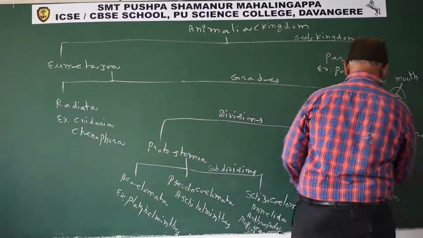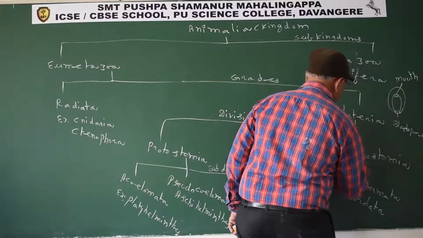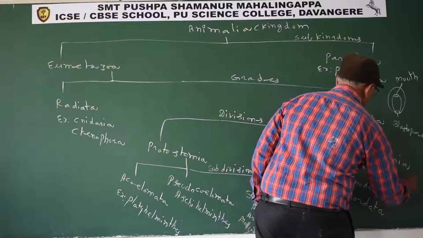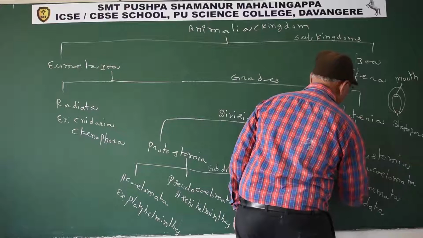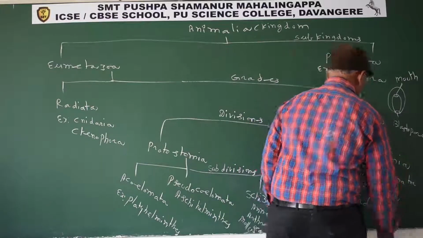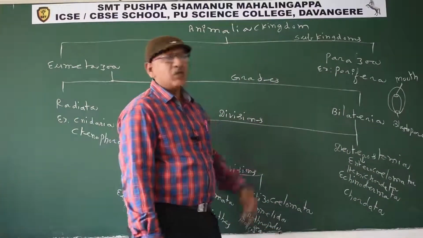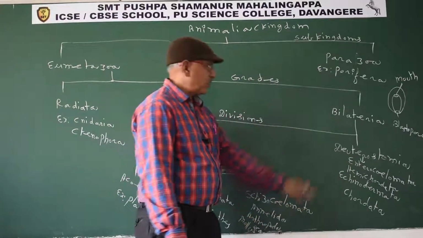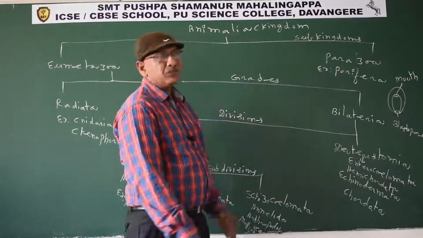This division has only one subdivision, Enterocoelomata, meaning all deuterostomes come under Enterocoelomata. What is Enterocoelomata? If the coelom is formed from the archenteron, it is known as enterocoelom, and animals having enterocoelom are included in subdivision Enterocoelomata. Three phyla: Hemichordata, Echinodermata, Chordata.